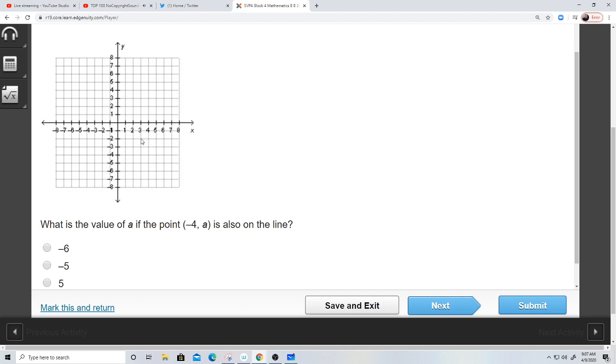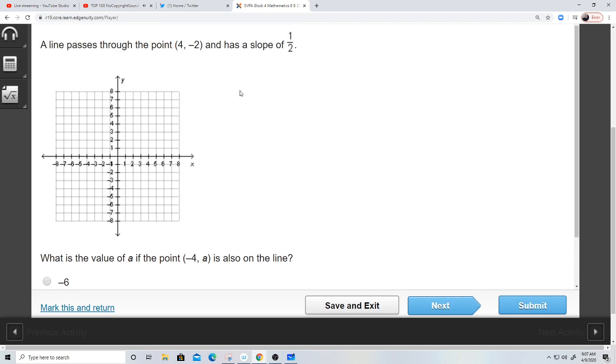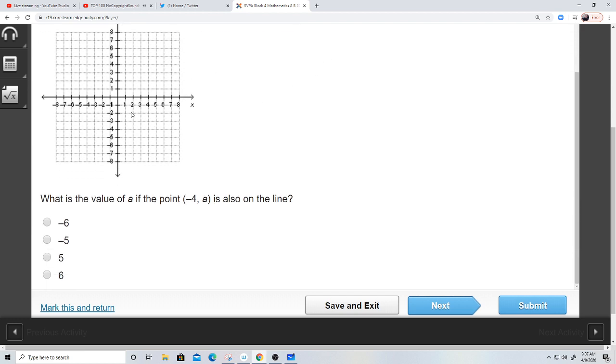So left 2, down 1, left 2, down 1, left 2, down 1, left 2, down 1, and left 2 more and down 1 is right here, and we're at the -4, and we're at -6. So at x equals -4, A is equal to -6.